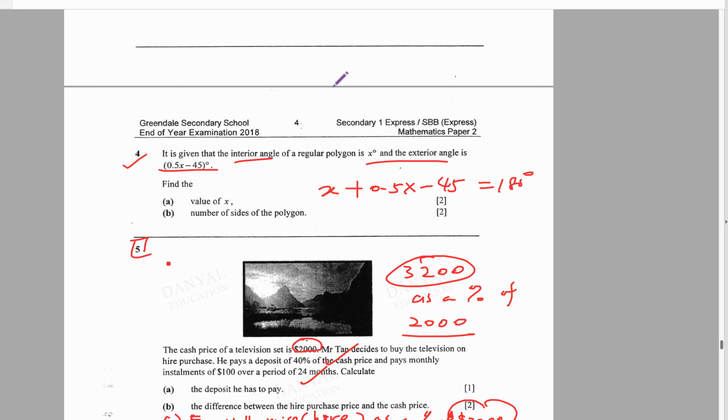Why did you times 2? Because you see, this is called the interior and this is called the exterior. If you continue to have the polygon, the relationship between these two is always 180 when added up.